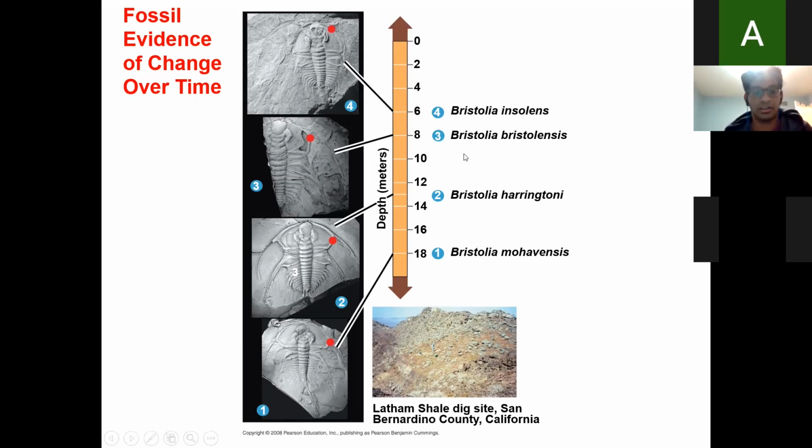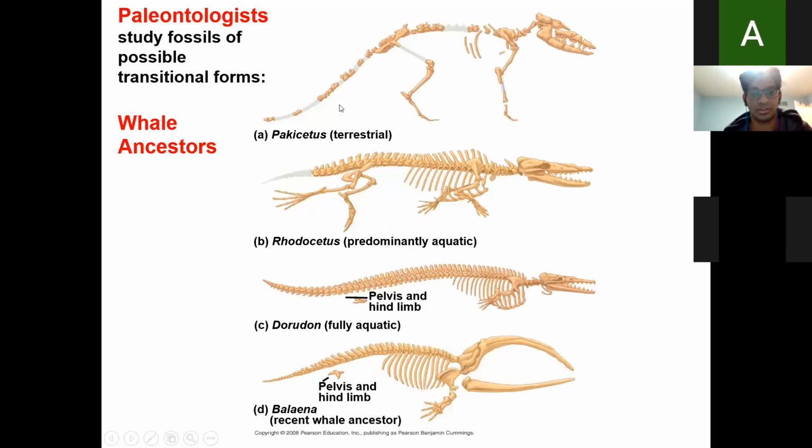This picture isn't very clear, but you can see the gradual change of a trait over time. You can relatively date these fossils compared to each other, and then they can see the change of this trait. So this is essentially whales.